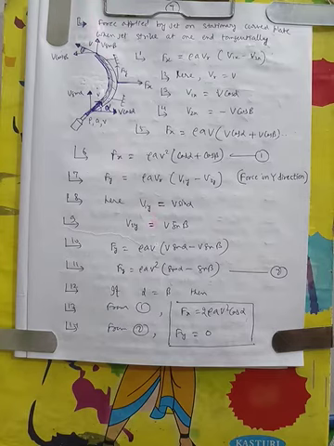Both are in the positive y direction. So V1y is V sin alpha, V2y is equal to V sin beta. So Fy will be rho a V into V sin alpha and V sin beta. We take V out: rho a V square into sin alpha minus sin beta.